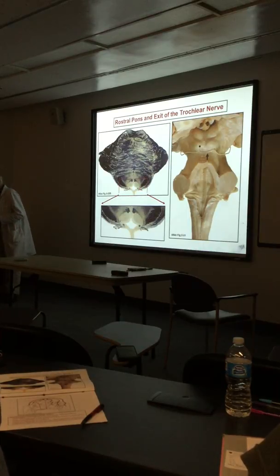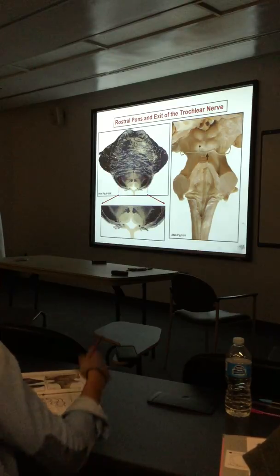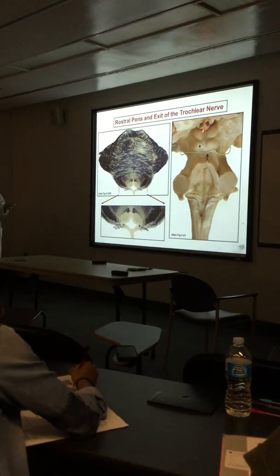Damage to the root of the trochlear nerve gives rise to a weakness of that muscle on the side of the damage. Damage to the nucleus of the trochlear nerve, and this only applies to this particular cranial nerve, would result in weakness of that muscle on the opposite side.